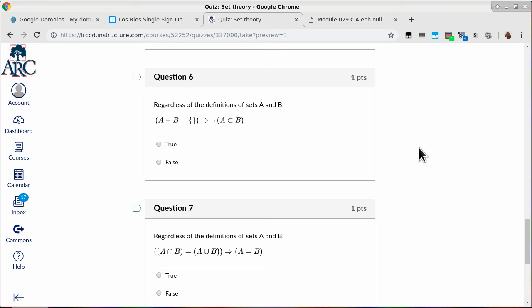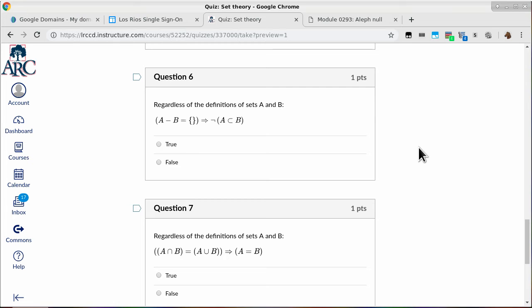So how would you approach this case? A minus B equals an empty set means A is a subset of B, because that's one way to define subset. So everything in A is in B. But does that imply that A is not a proper subset of B? No, because A and B can be the same.